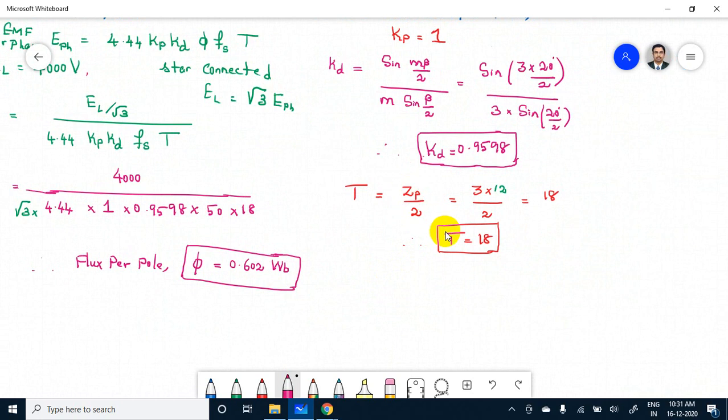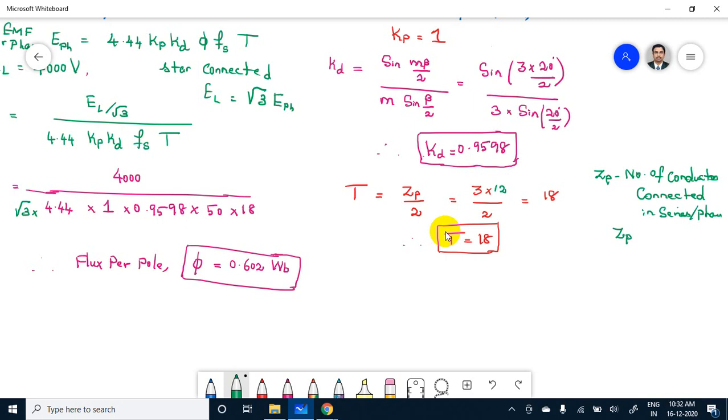ZP is the number of conductors connected in series per phase.